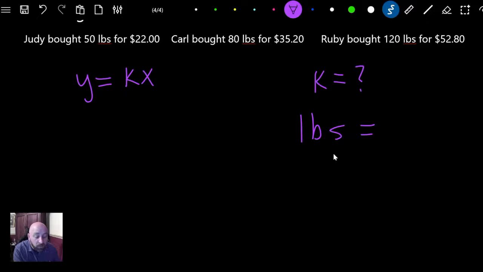The k is going to be the constant, or whatever's varying. And then our y is going to be the cost. How much did it cost the farmer?